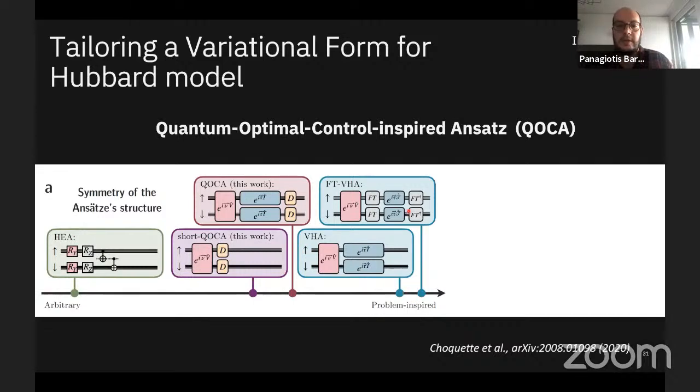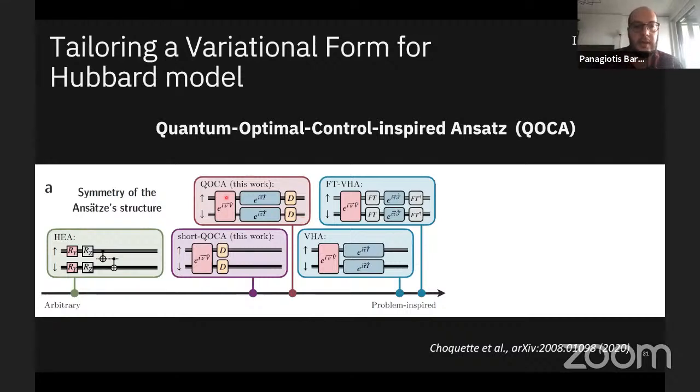We also used a different version of the variational Hamiltonian ansatz, where you introduce the fermionic Fourier transform. The ansatz that we came up with, which we call QOCA, or Quantum Optimal Control Inspired Ansatz, has two specific versions, the short and the longer one, which is problem specific and is inspired from the classical optimal control theory.